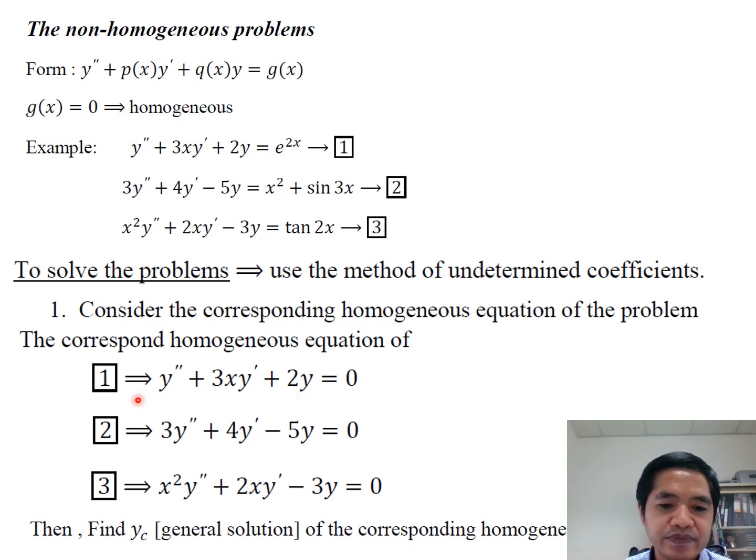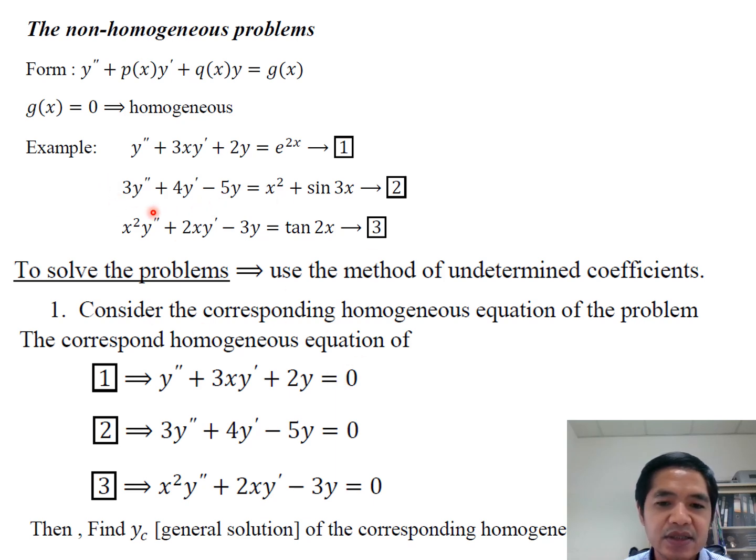Then on the right hand side, this e to the 2x, we're going to use the undetermined coefficient method to solve it.